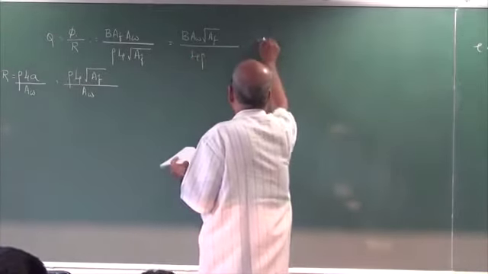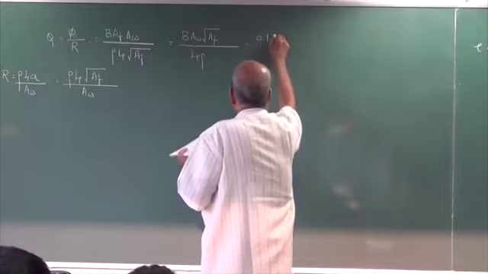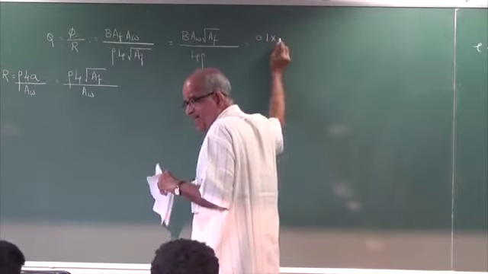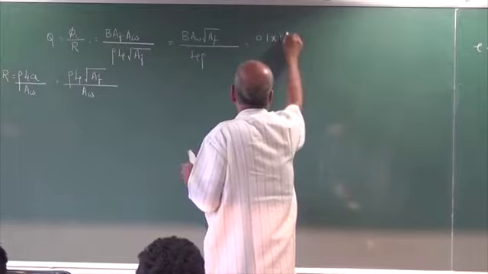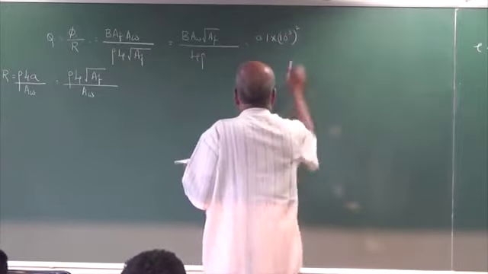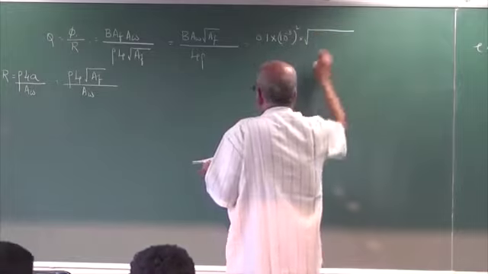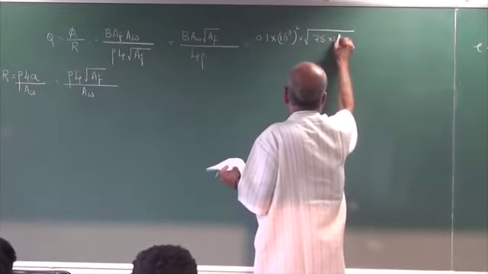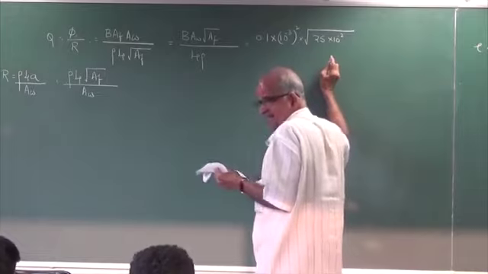Substitute the given values. 0.1 is B. How much is AW? Cross sectional area of the wire, 1 square millimeter. Convert it into meter. Then root of AF. AF he says is 25 centimeter square.